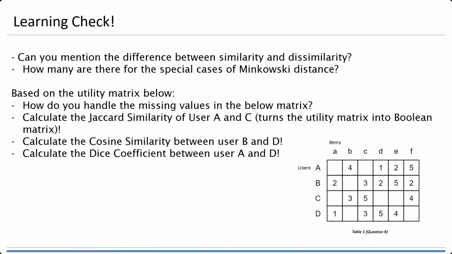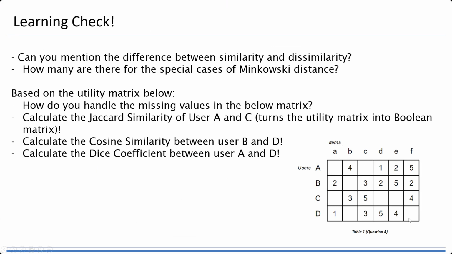Okay, we have a matrix. So we have users A, B, C, D, and we have items A, B, C, D, E, F. There are some missing values.